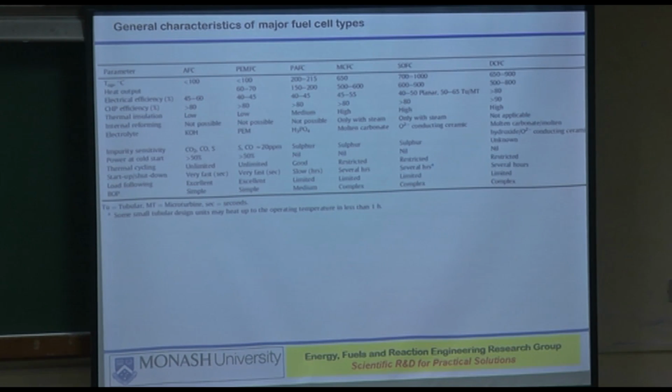The sizes can be made anything. Now you can get them in the tubular mode, single unit 1 megawatt. So the designs are coming up. So if there is more of a demand, I'm pretty sure that they will become larger and larger.